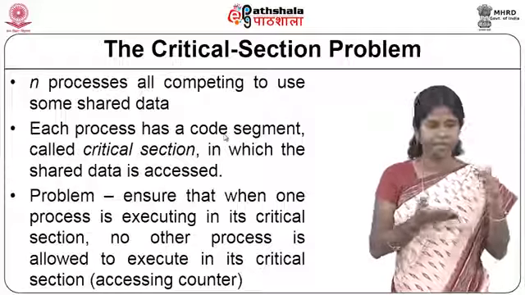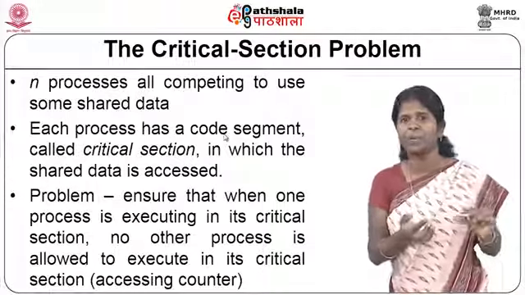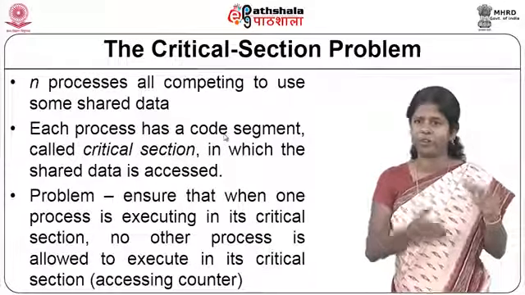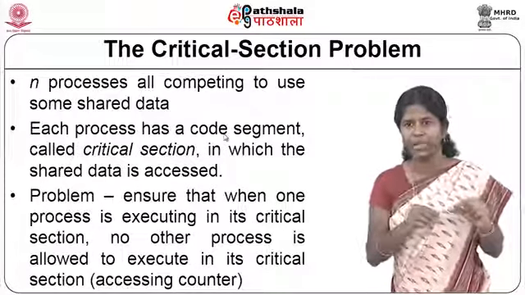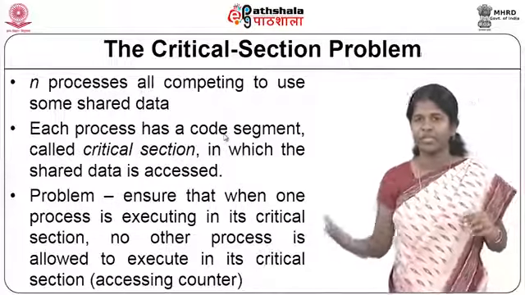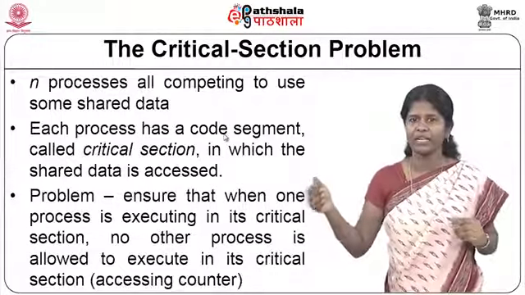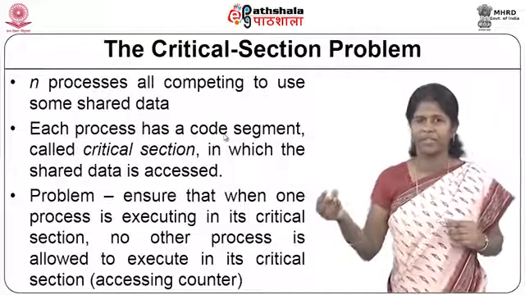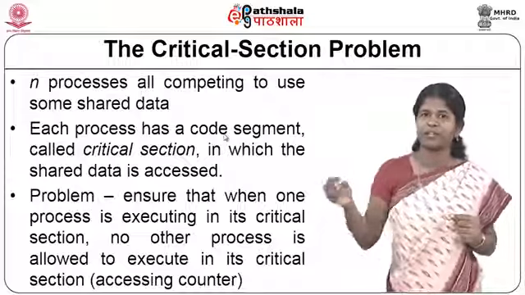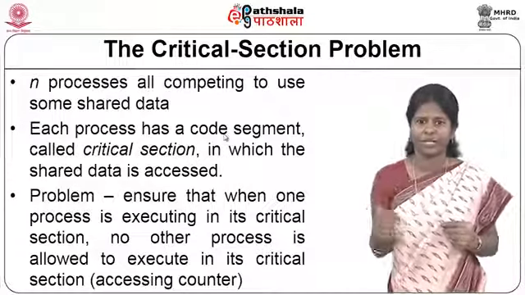For example, in the producer process you have counter plus plus. Incrementing the counter value is the critical section of code in the producer, because that is where the producer is accessing that common data. And for the consumer, counter minus minus is the critical section of code. Only in counter minus minus is the consumer trying to access the common shared data.